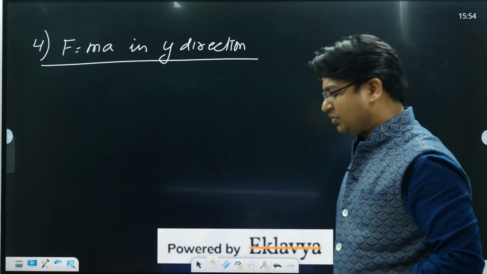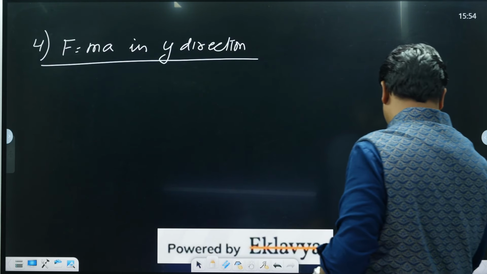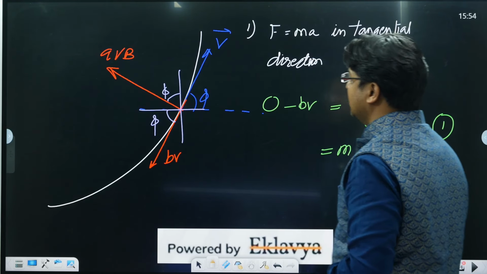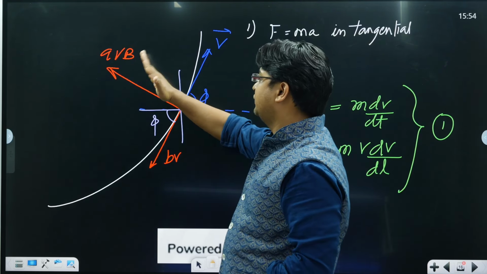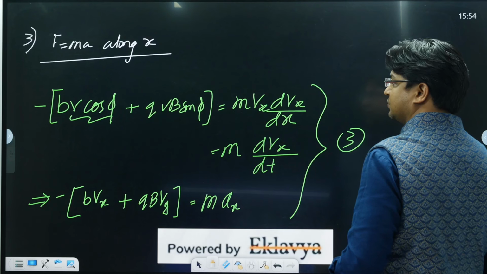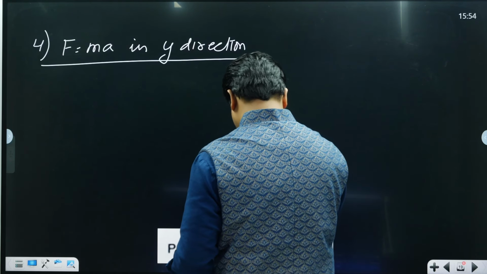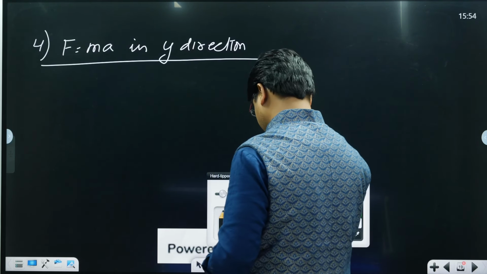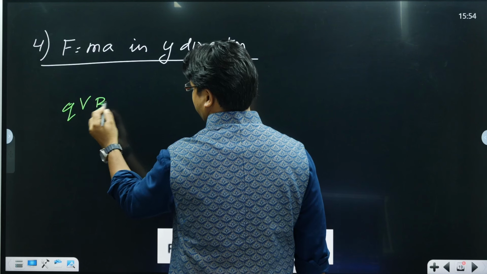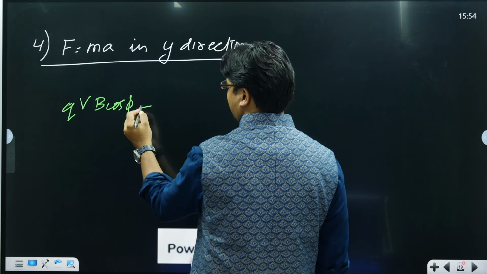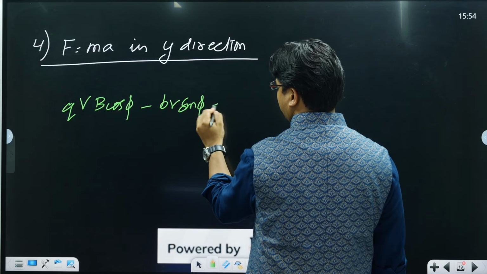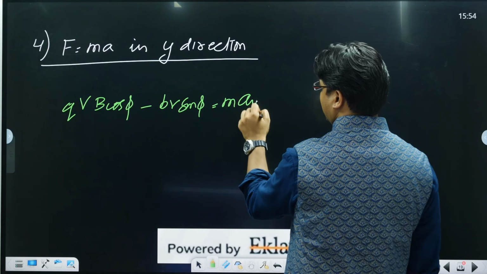Okay, we are going to write F equal to MA in the y direction. So how do we write it? Let me go back to the figure. In the y direction we will have QVB cos phi and BV sin phi. So we write QVB cos phi minus BV sin phi is equal to MAY.